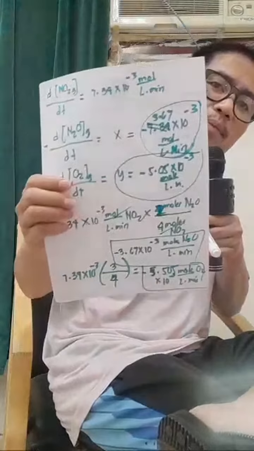So we computed already the x and y, which are both the rates of disappearance of your reactants. Does it satisfy what is required? The questions are, what is the overall reaction order? What is the overall reaction rate? It doesn't yet satisfy, right?